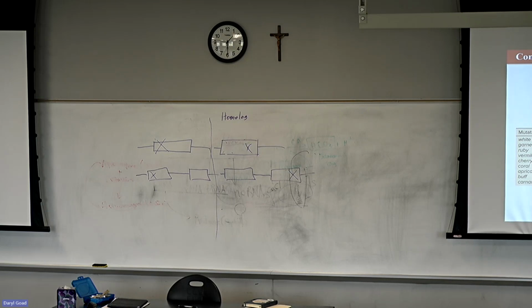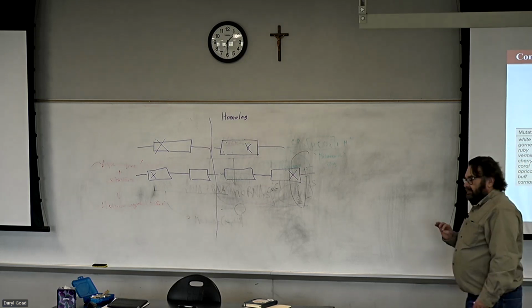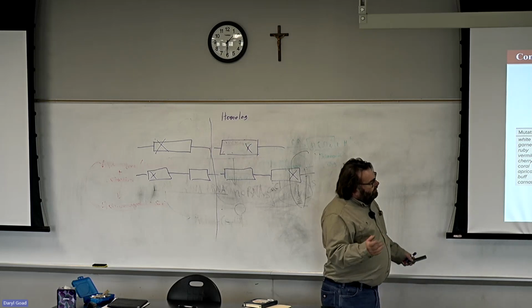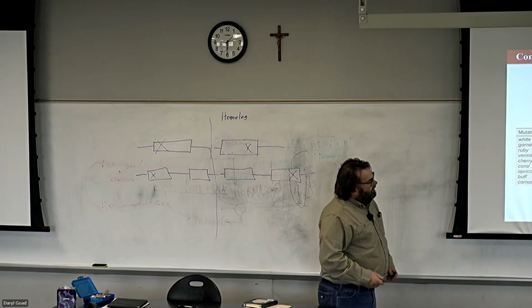Ruby in the middle, vermilion, same thing, any of these guys. And if you have carnation, well, you don't get rescued. And so we have 4 complementation groups right here, right? Which means these are 4 distinct genes. Well, what about all the rest of this stuff up there?